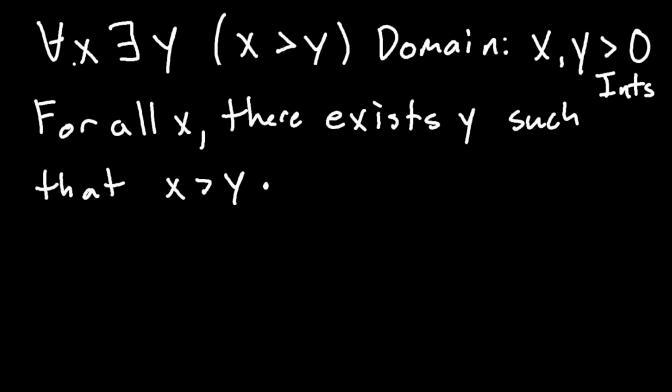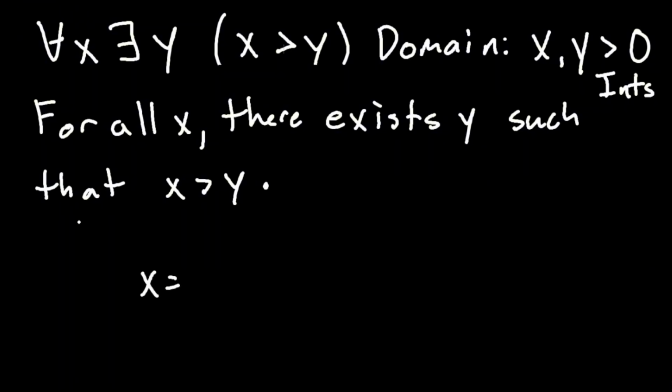All right, so let's take a look at this statement right here. We're basically saying for every single possible x value, there is a y value that we can pick that is less than that x value. So for every x positive integer, our new domain, there exists a y value such that x is greater than y.